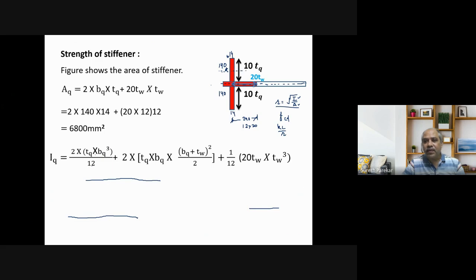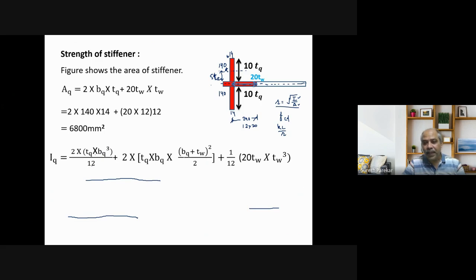Then we will get the distance till the face of the web as 5 TQ, and then we will get plus again 2 times TQ into BQ into the quantity BQ plus TW by 2, whole square.